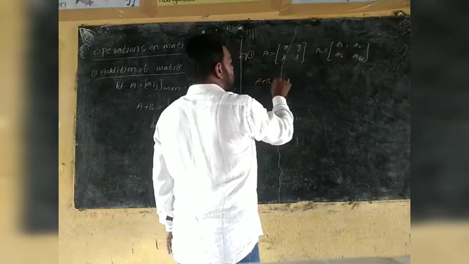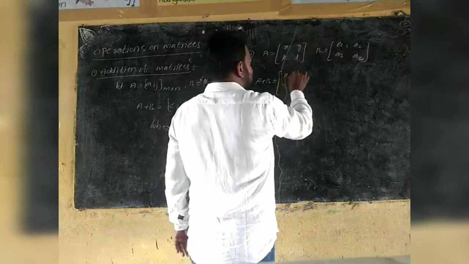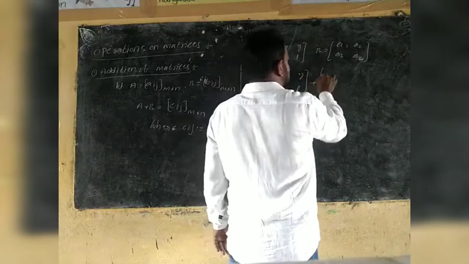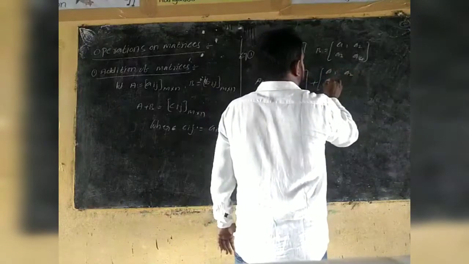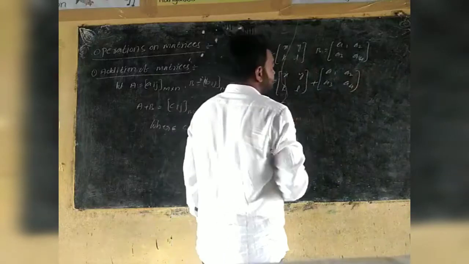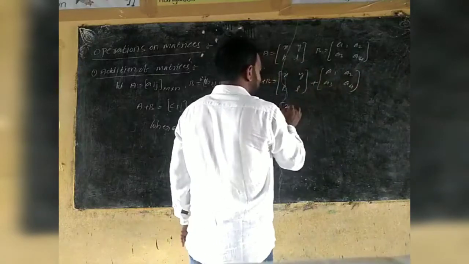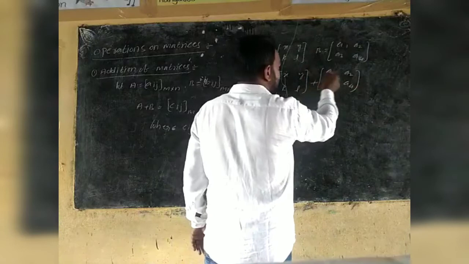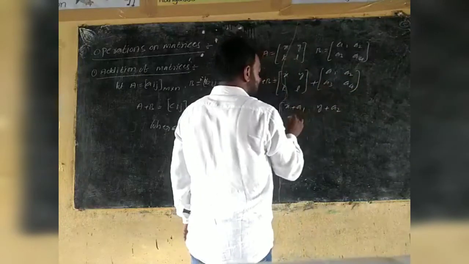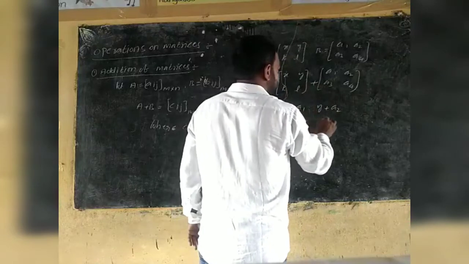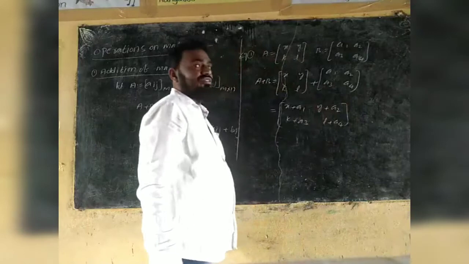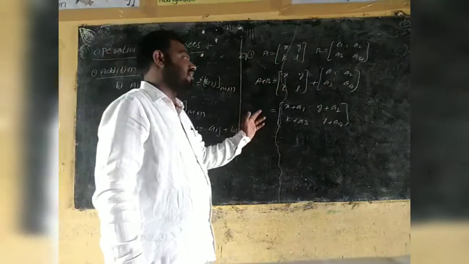A plus B equals x, y, k, l plus A1, A2, A3, A4. So this result is equal to x plus A1, y plus A2, next k plus A3, next L plus A4. Okay? Understand this one? You make an idea.